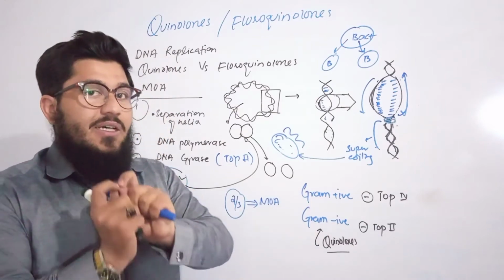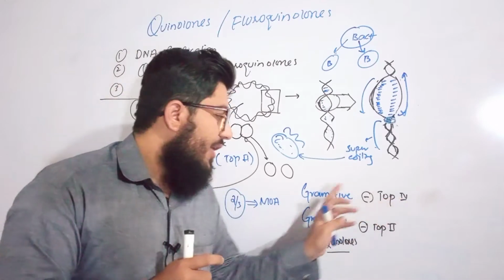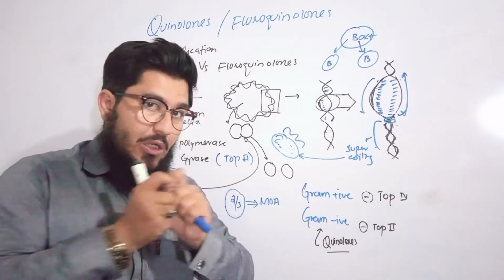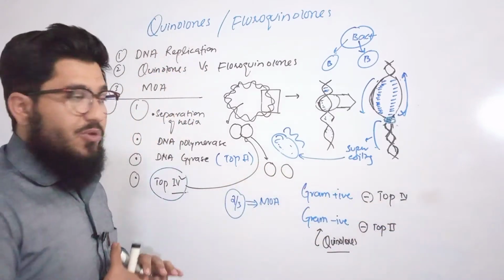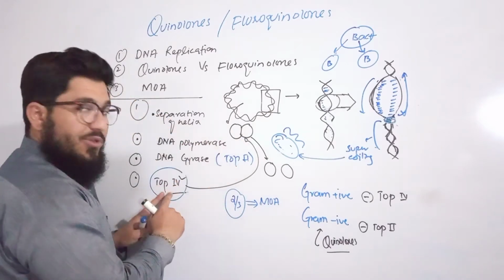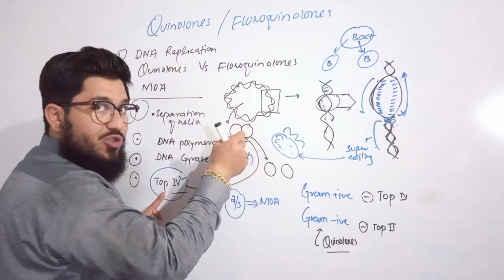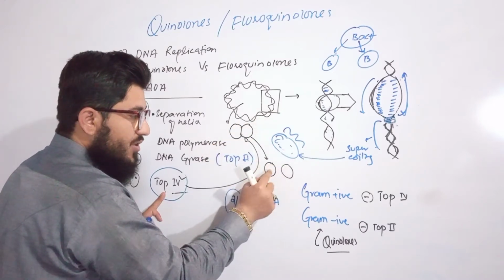If we indicate the fluoroquinolones, they will inhibit topoisomerase 4 in the gram positive. So if topoisomerase 4 is inhibited, what will happen? Remember the job of topoisomerase 4. It was supposed to open these two strands, to separate these two newly synthesized DNA, to have two separate DNA.